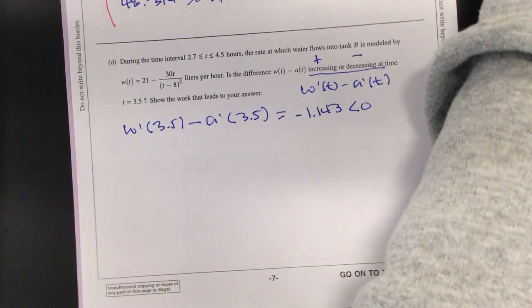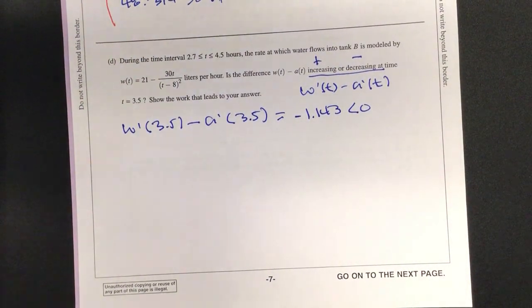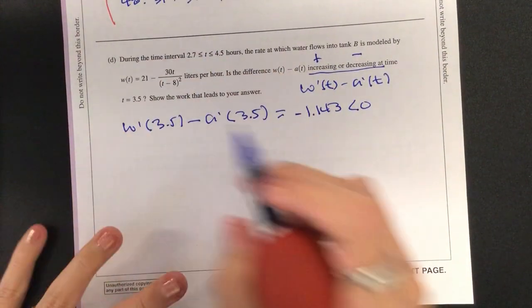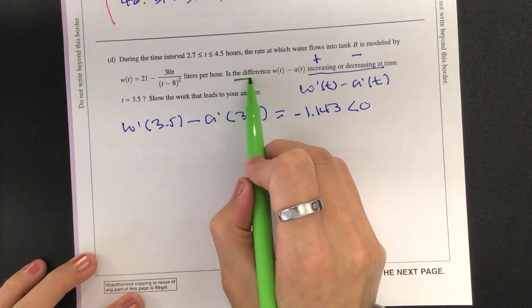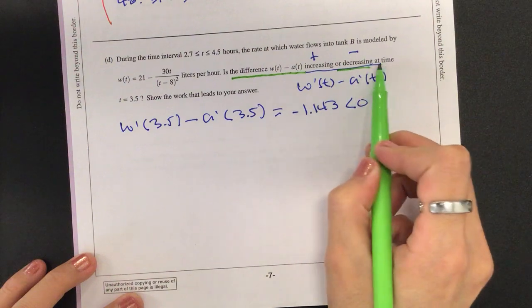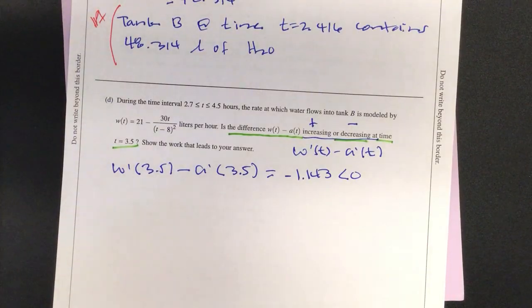So because it is less than 0, is it increasing or decreasing? Decreasing. So let's go ahead and use our sentence stem. The difference of blah, blah, blah is decreasing at time blah, blah.